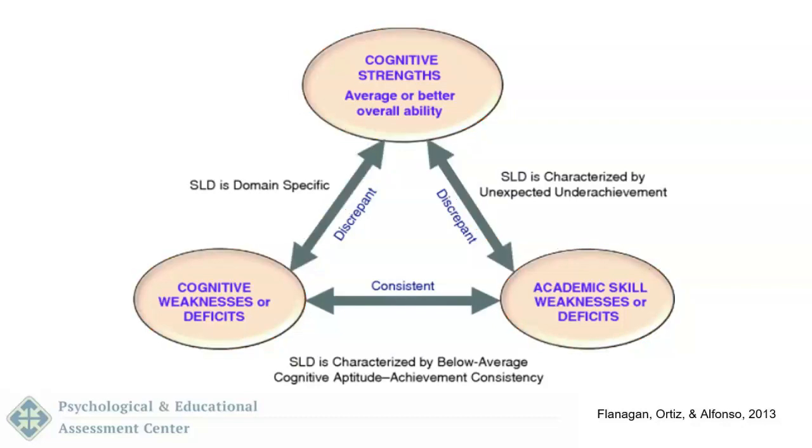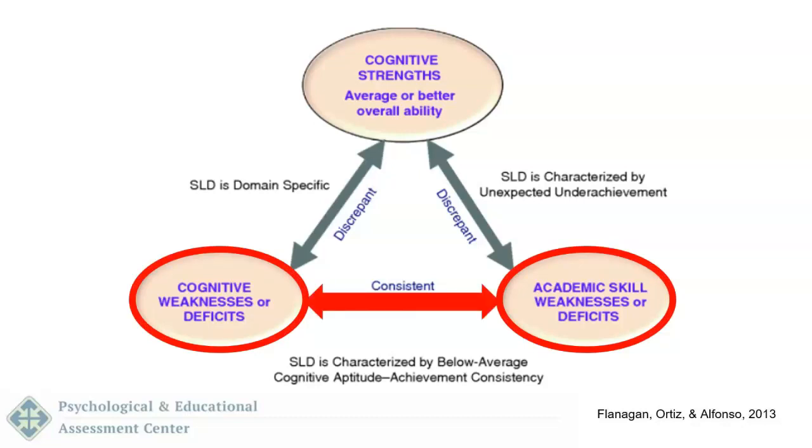The last major criterion of this model is that there needs to be a cognitive aptitude achievement consistency. This refers to the requirement that the weaknesses or deficits between cognitive processing and academic skills need to be consistent, which means that they need to have a research-based link. An example of this would be that the individual's processing weakness is phonological processing, and their academic weakness is basic reading.